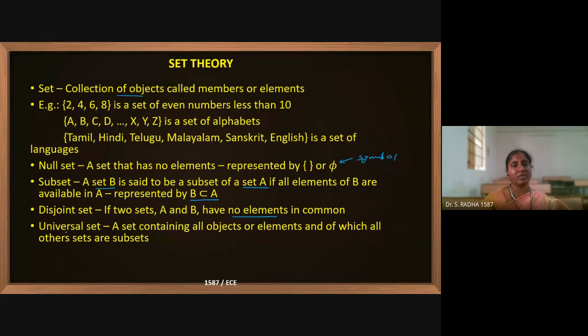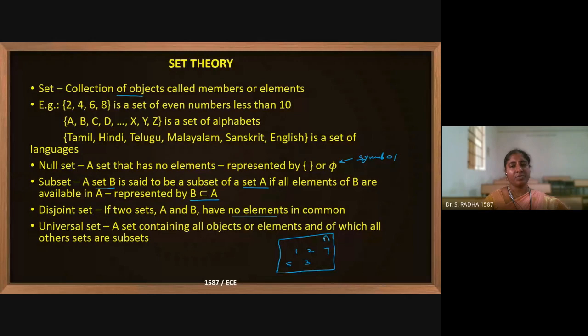Universal set. A universal set means a set containing all objects or elements, of which all other sets are subsets. If I take a sample space, this is my total area, and I have elements 1, 2, 5, 3, and 7 like this.